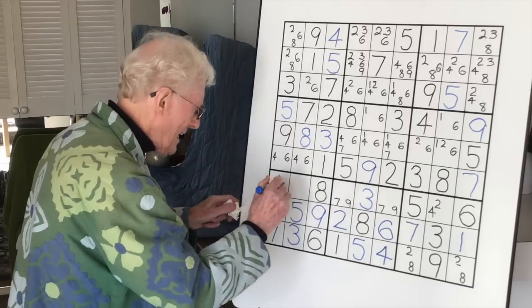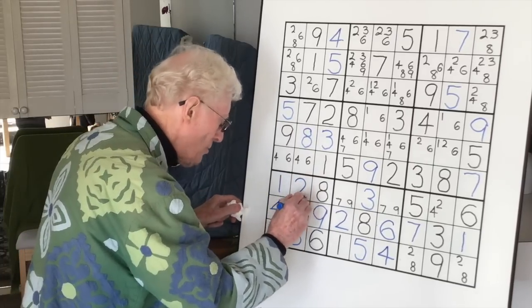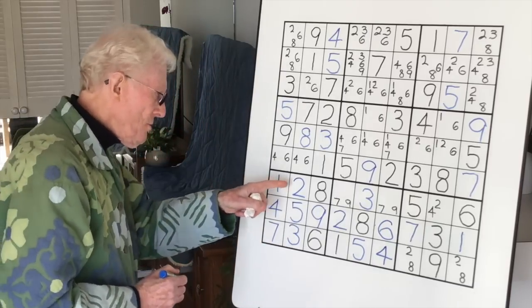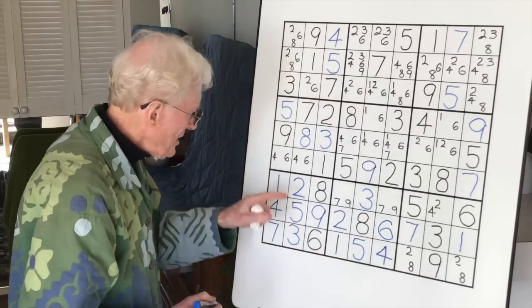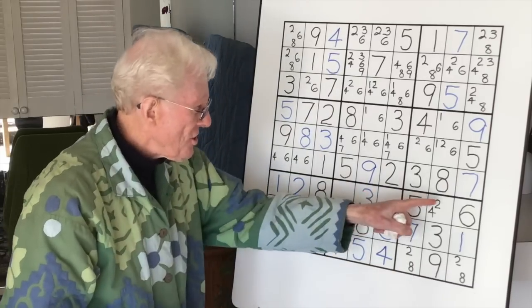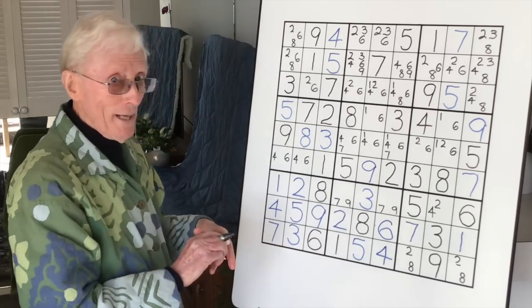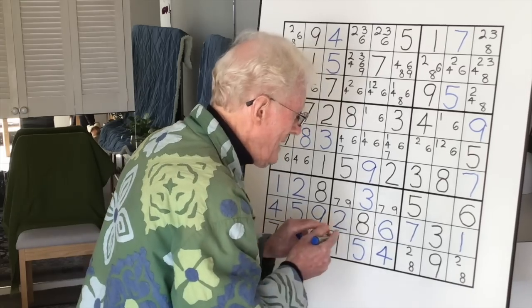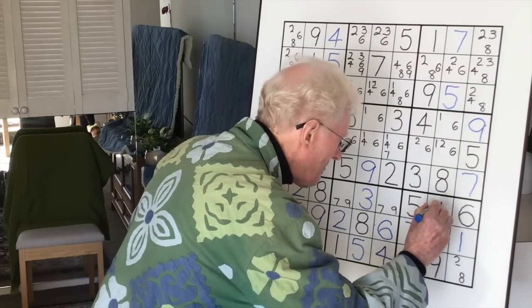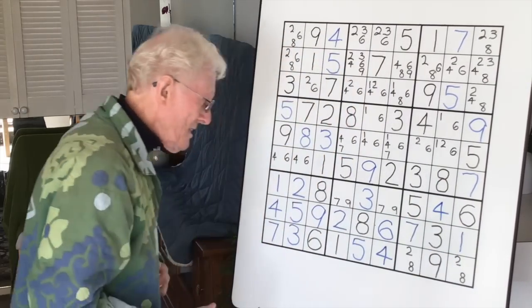All kinds of things are happening just down in this part of the puzzle. There's more to come though. If there's a 2 there and a 2 there, one of these has to be a 2. If there's a 2 there, this 2 goes, and guess what? We have a real big 4. So we now have a big 4. Now, I could have taken each of these. Look at all, isn't that amazing?